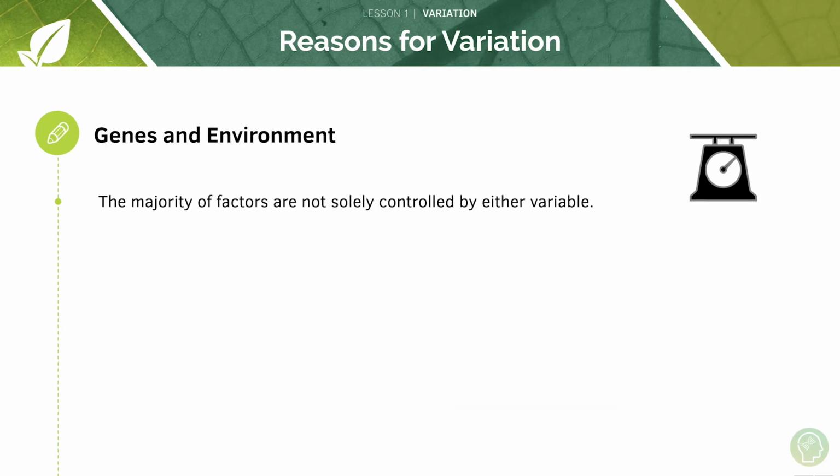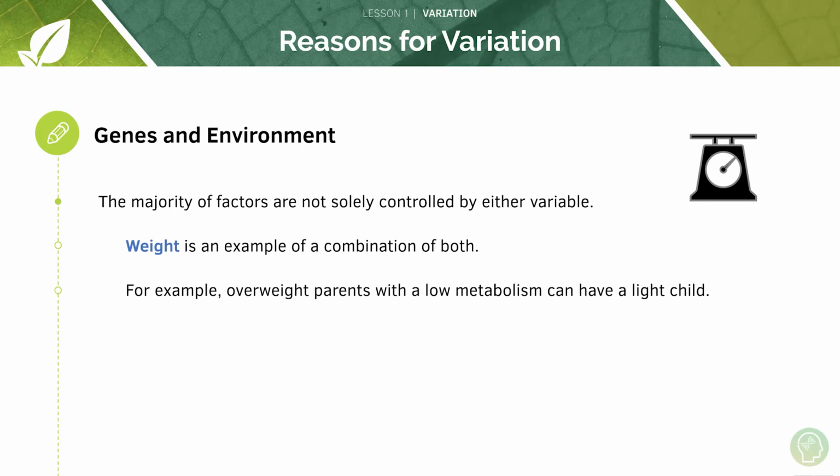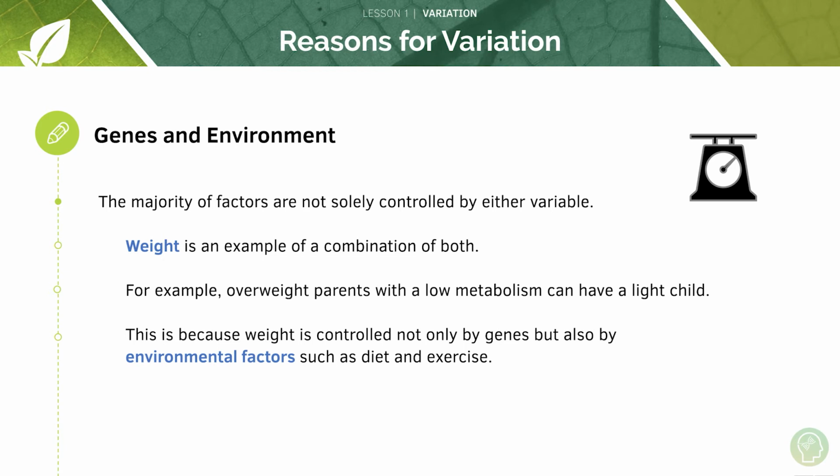Now, the majority of factors are not solely controlled by either genes or environment. It's usually a combination of both. So, for example, weight is a combination of genes and environment. For example, overweight parents with a low metabolism can have a light child because perhaps of environmental influences. Maybe the child eats less comparatively to their parents, for example.